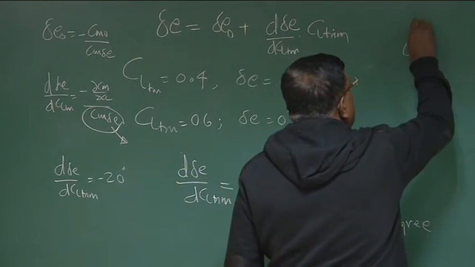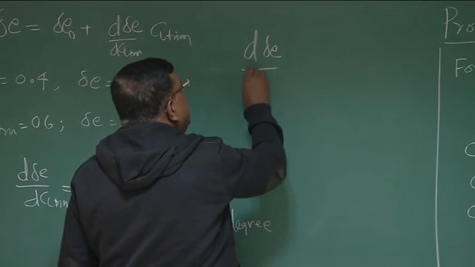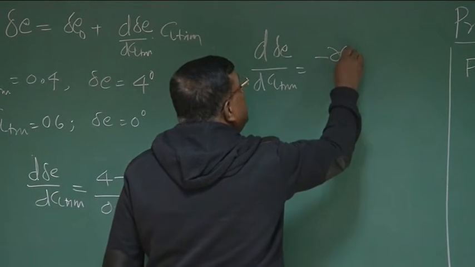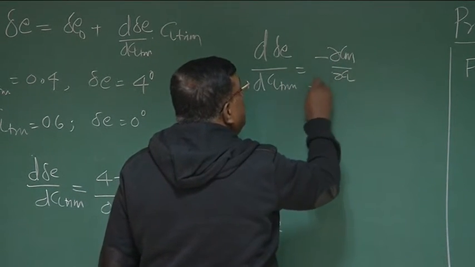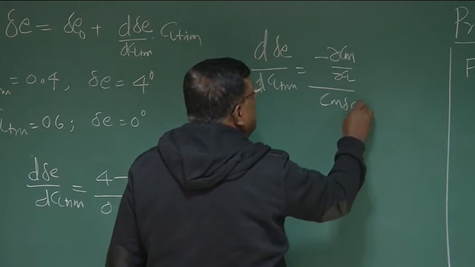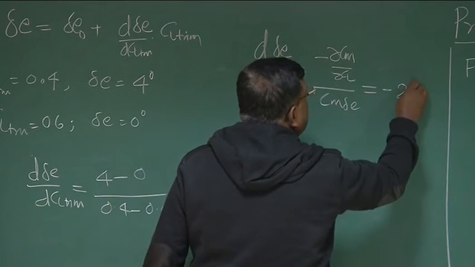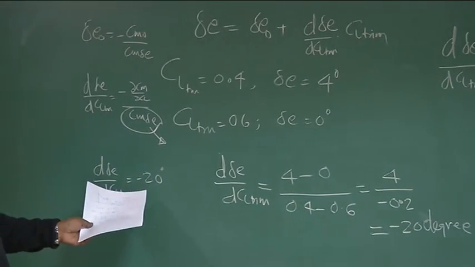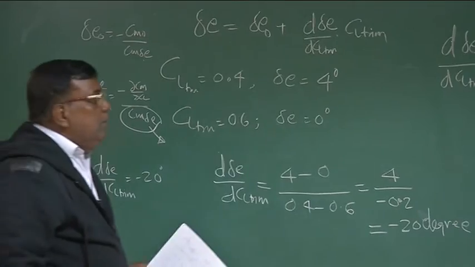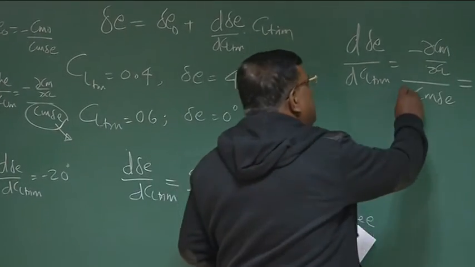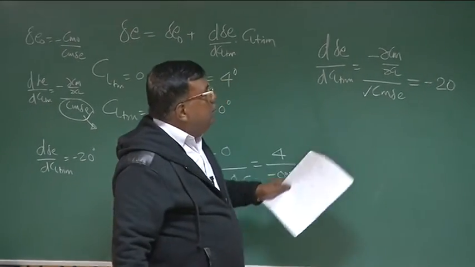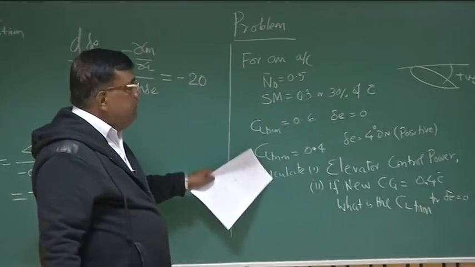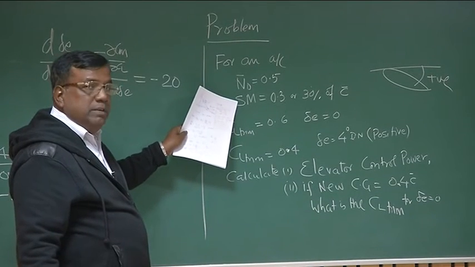I know d delta E by dCL trim equal to minus dCm by dCL by Cm delta E, which is minus 20, because d delta E by dCL trim has already been calculated to be minus 20. Now, our aim is to find Cm delta E. Do I know the value of dCm by dCL? See the data here: it gives the neutral point and SM, the static margin.